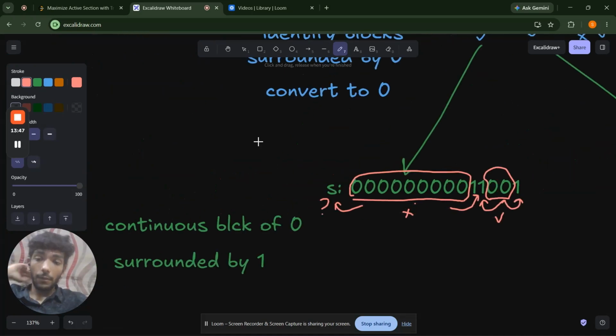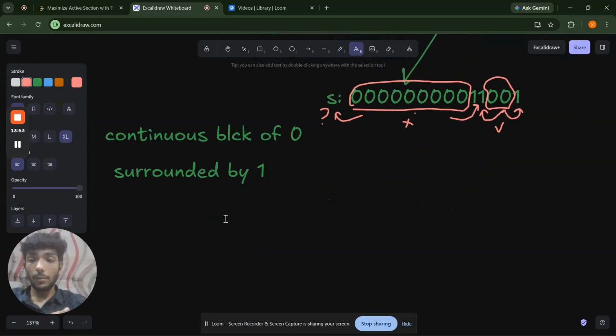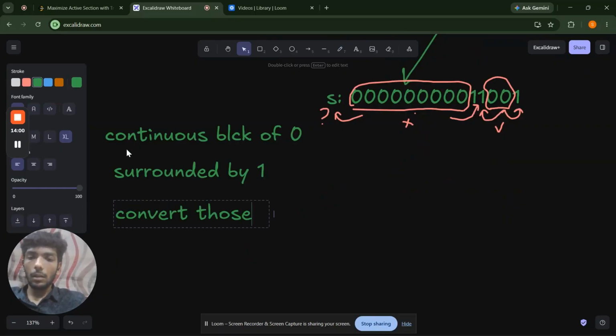Okay, so after we have found out the blocks which are surrounded by ones on both sides, our next step should be to convert those to ones.